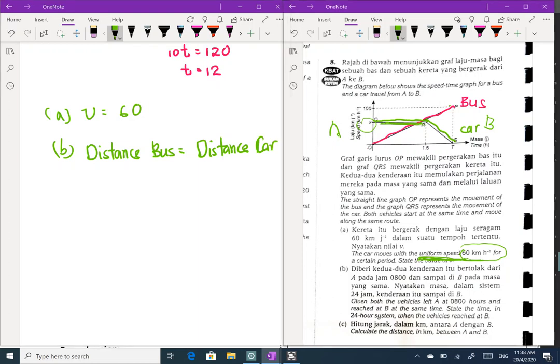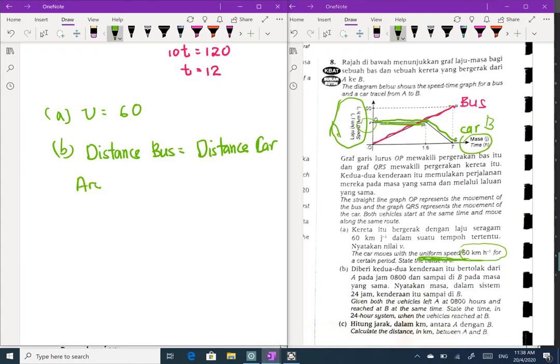Distance of a bus, how to find the distance? So it's the area. Area of a bus is a triangle, equal to the area of a car, which is a trapezium.